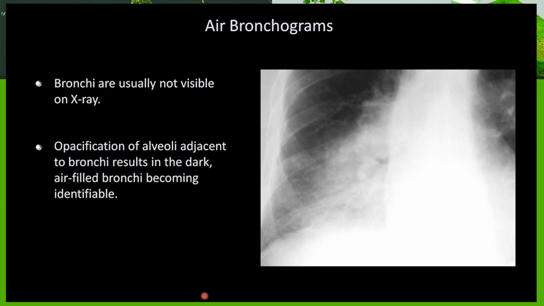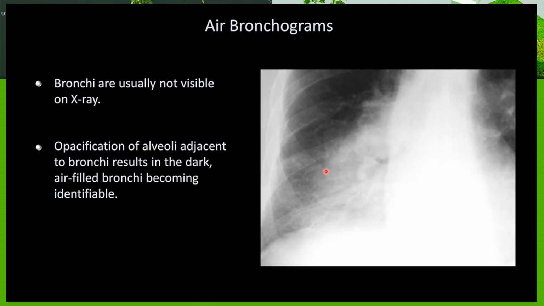Once at the alveolar level fluid, which is radiodense, accumulates, like in consolidation or pulmonary edema, around the alveoli, it is radiodense, so a whitish or grayish opacity can be seen in that area of the lung. The bronchi can be seen in that opacity.